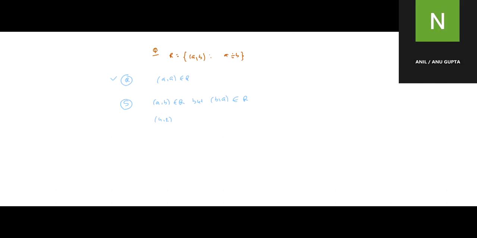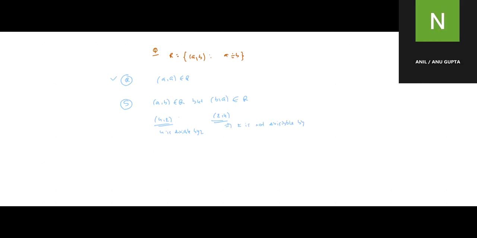That means यहाँ पे 4 is divisible by 2. Correct? Yes. But if you take (2, 4), यहाँ पे 2 is not divisible by 4. Correct? Yes. Not divisible by 4.